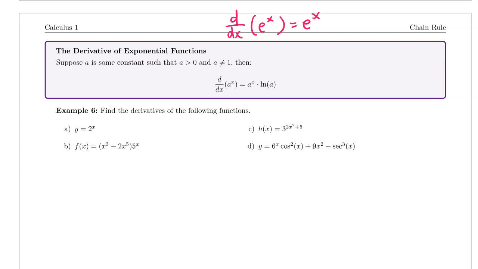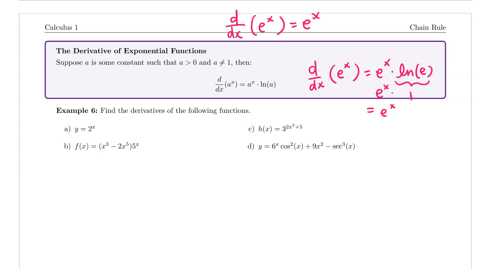And notice that this even applies for the derivative of e to the x. We'd say that it's equal to e to the x times the natural log of e, but the natural log of e is equal to 1, so this formula even works for our natural exponential function.